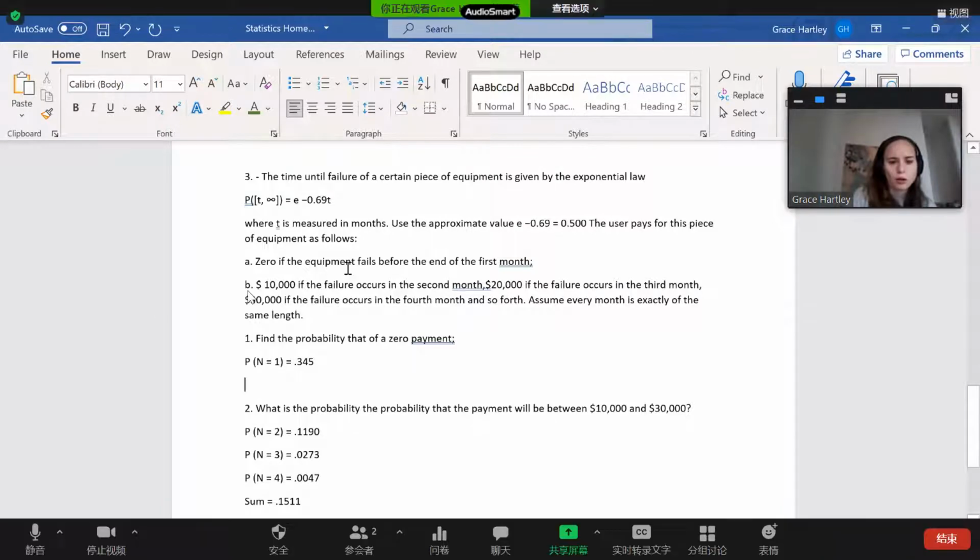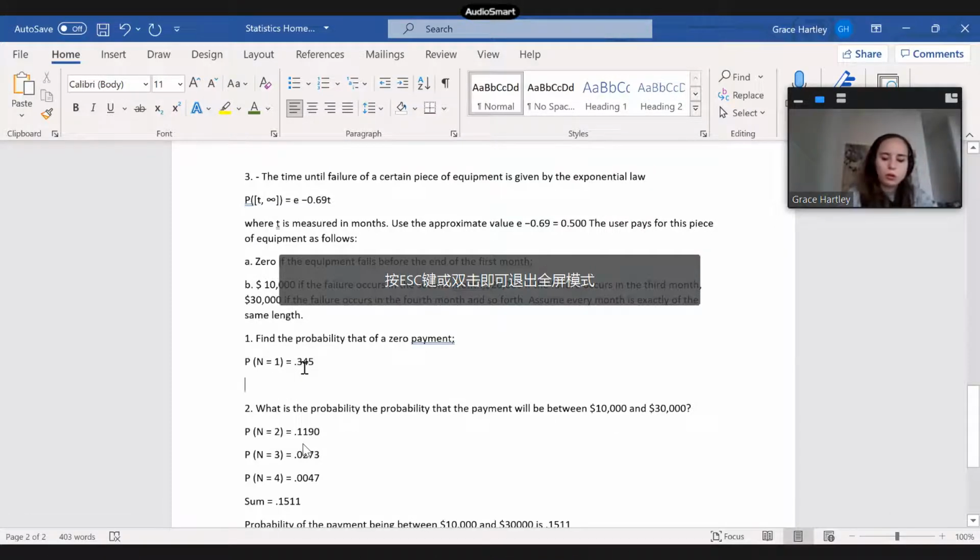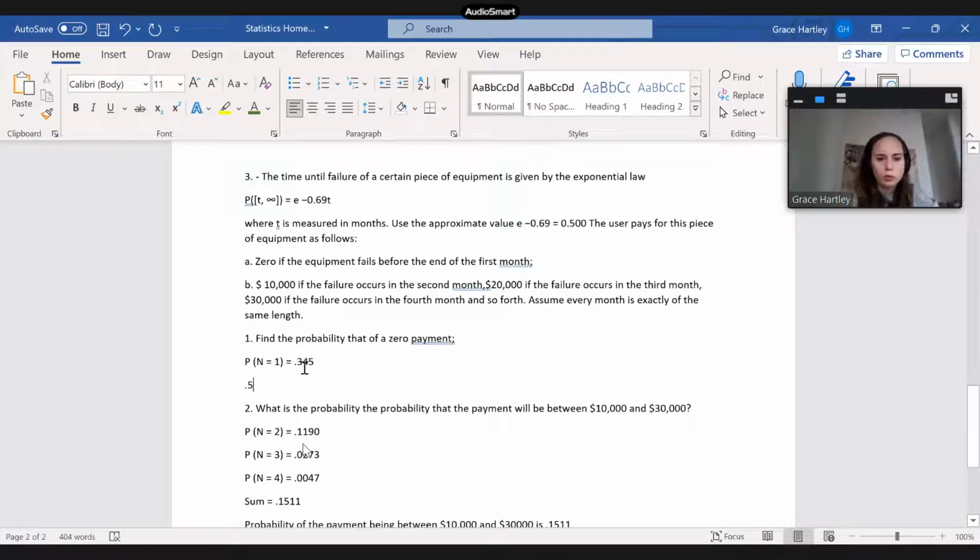So if the equipment fails before the end of the first month, it was 0.5, which was e to the negative lambda, times 0.69 divided by 1, because that was the factorial. It was 0.69 to the 1, but that's obviously 1.